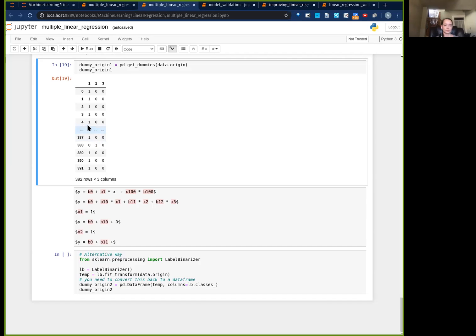And if I saw 0, 0, 3 would have to be 1. So this 3 feature is giving the same information. It's redundant. So we'll typically drop out that last dummy variable, because we're basically repeating ourselves.